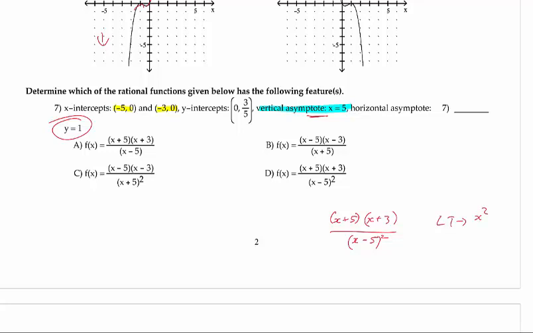And in the bottom, we get an x squared term. And so that's going to be approaching 1, which would imply that we have a y asymptote at 1 as well, which is what we want. So now we just select the choice that looks like this one, and that choice is going to be D.